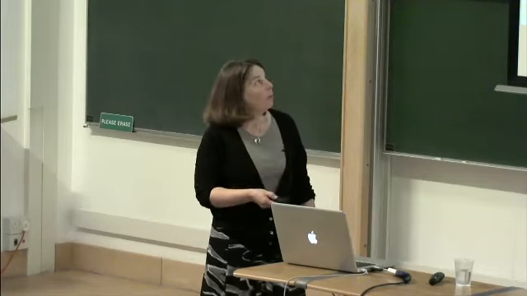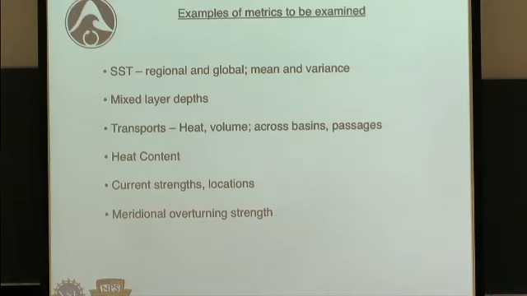So for the various metrics that you could examine, pretty much anything you want, because I'm saving the full model space every single month. So not only means can be looked at, but variances.